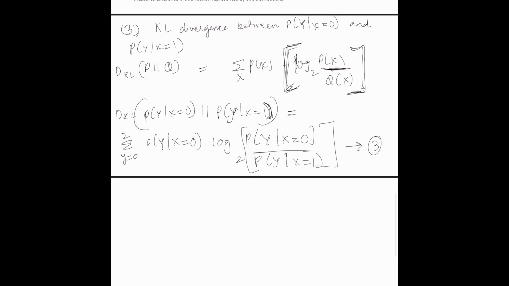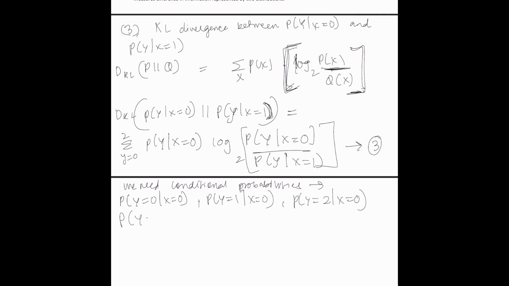To solve this problem, we need the conditional probabilities: p of y is equal to 0 given x is equal to 0, p of y is equal to 1 given x is equal to 0, p of y equal to 2 given x is equal to 0, then p of y is equal to 0 given x is equal to 1, p of y is equal to 1 given x is equal to 1, and p of y is equal to 2 given x is equal to 1.